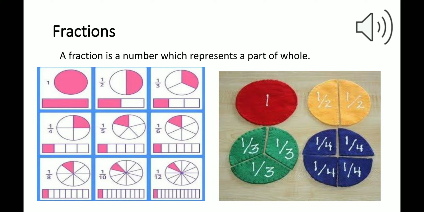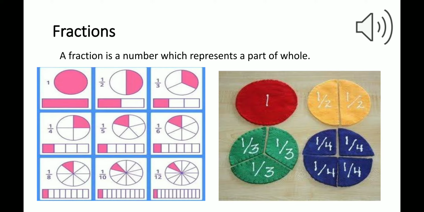The red circle is one complete circle. The yellow circle is divided into 2 equal halves. So one portion will be half and the next portion will also be half. If it is divided into 3 equal portions, each portion will be 1 upon 3, 1 upon 3 and 1 upon 3, because each portion is 1 part out of 3.